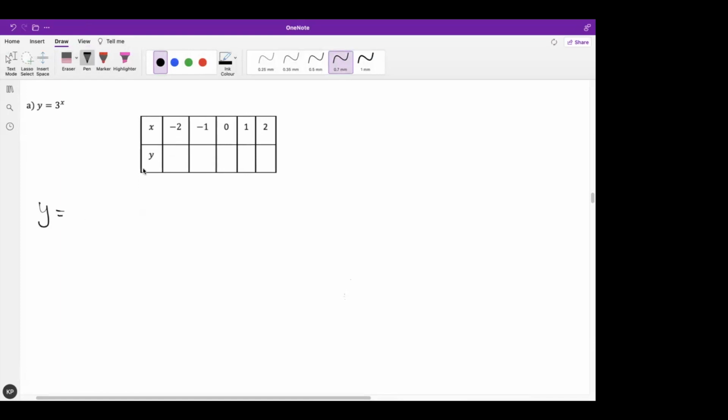Y equals, for the first input, 3 to the power of -2. Who remembers our rule about negative exponents? What do we do when we have negative exponents? Remember, we only add when we are multiplying bases with the same exponents.